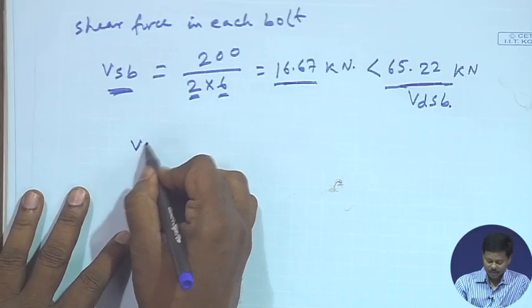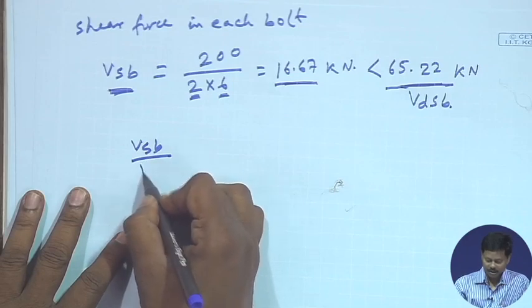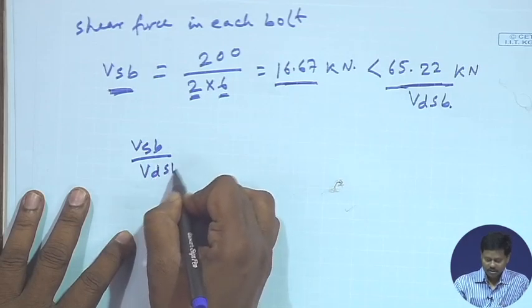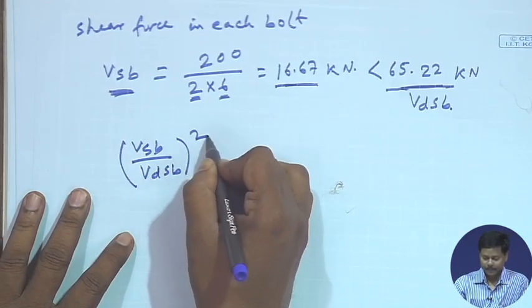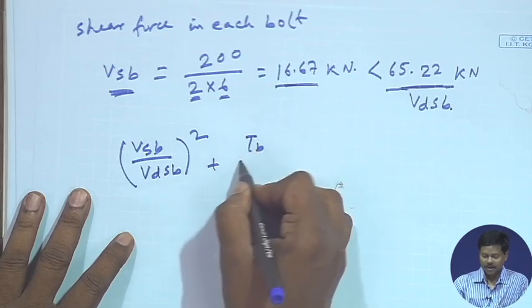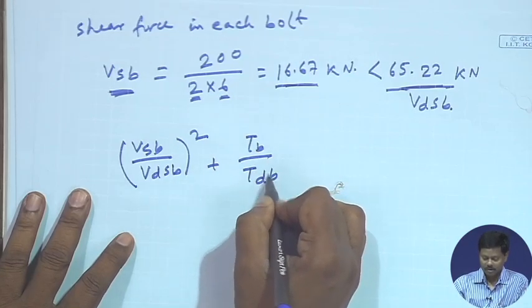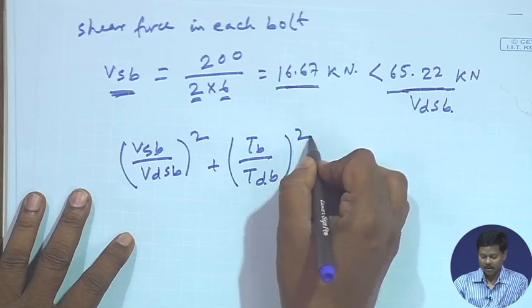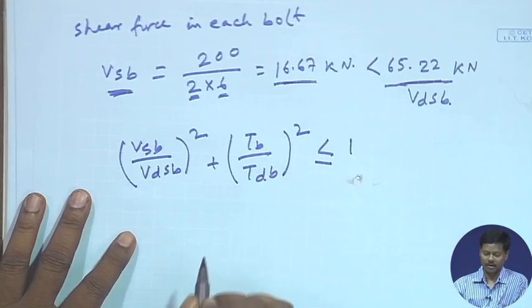Now, we have to check the interaction formula. That means, if it acts combinedly, then we have to check VSB by VDSB plus TB by TDB, which has to be less than 1.